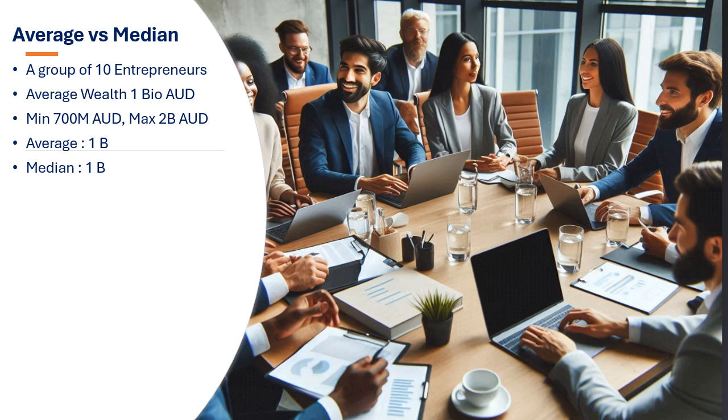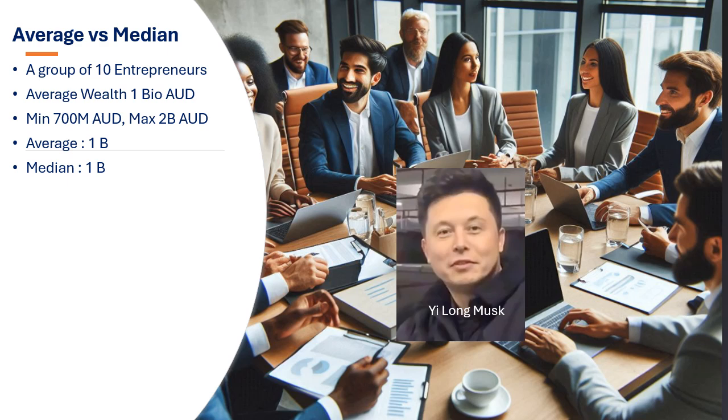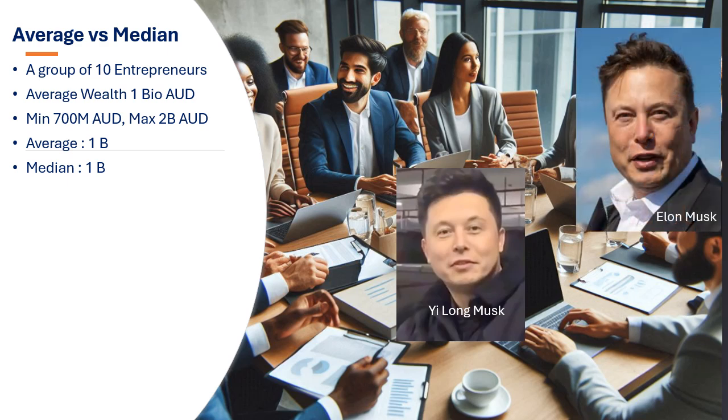Let's say a rich entrepreneur joins this group. Elon Musk. Okay, so Elon Musk joined the group, and his wealth is 100 billion. It's like 100 times the average of the 10 entrepreneurs.